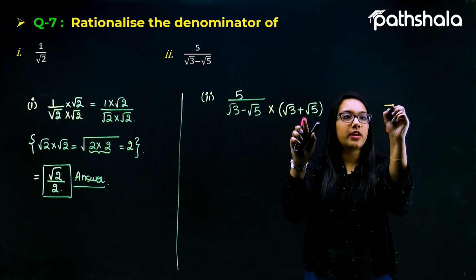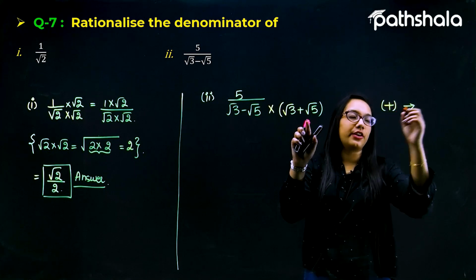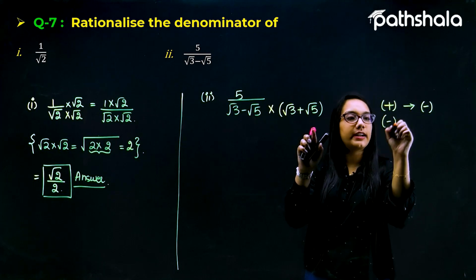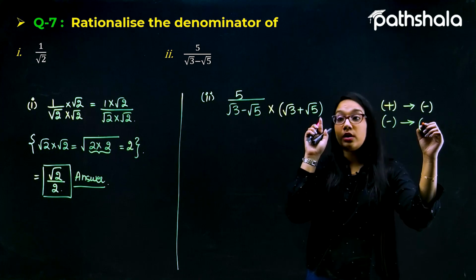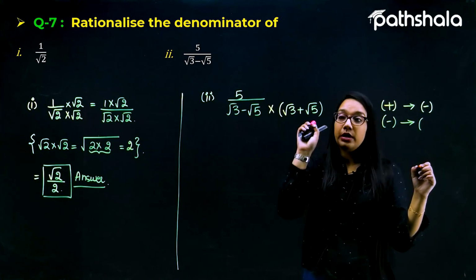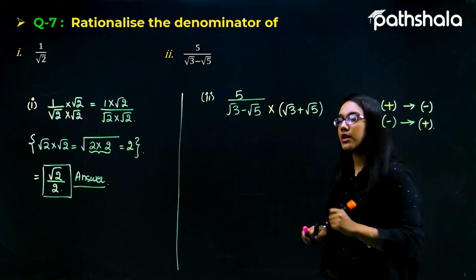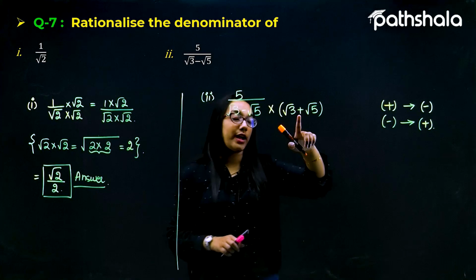So if we have a positive sign, we multiply by the irrational numbers that have a negative sign in between, and if they have a negative sign, we multiply by those which have a positive sign in between.